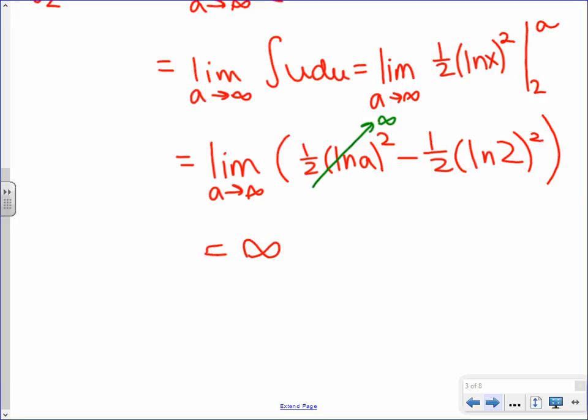And what does it mean when we get infinity or negative infinity for our improper integral? Yep. Therefore, the series from n equals 2 to infinity of natural log of n over n.